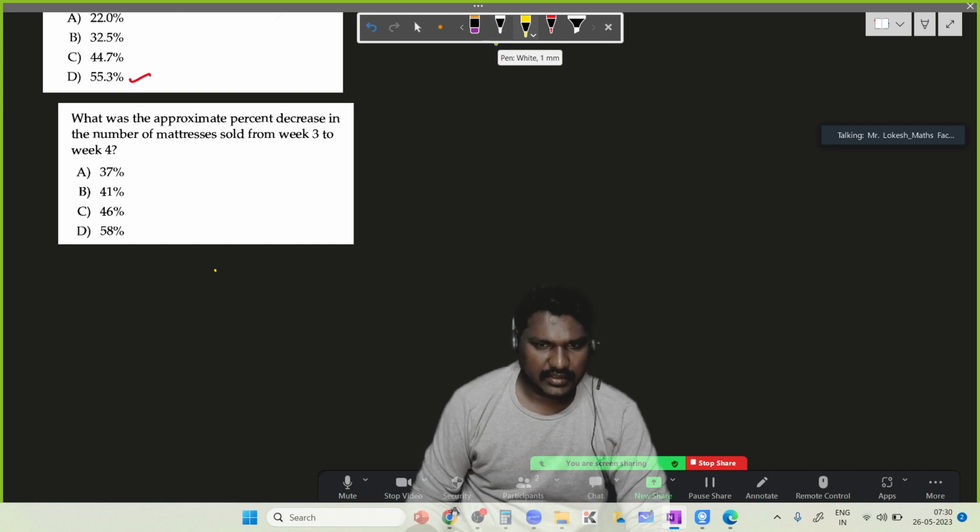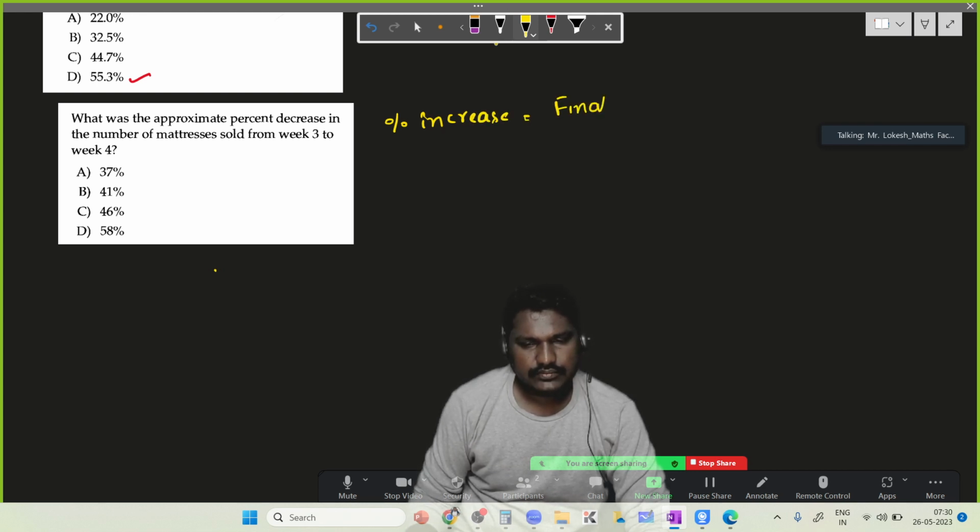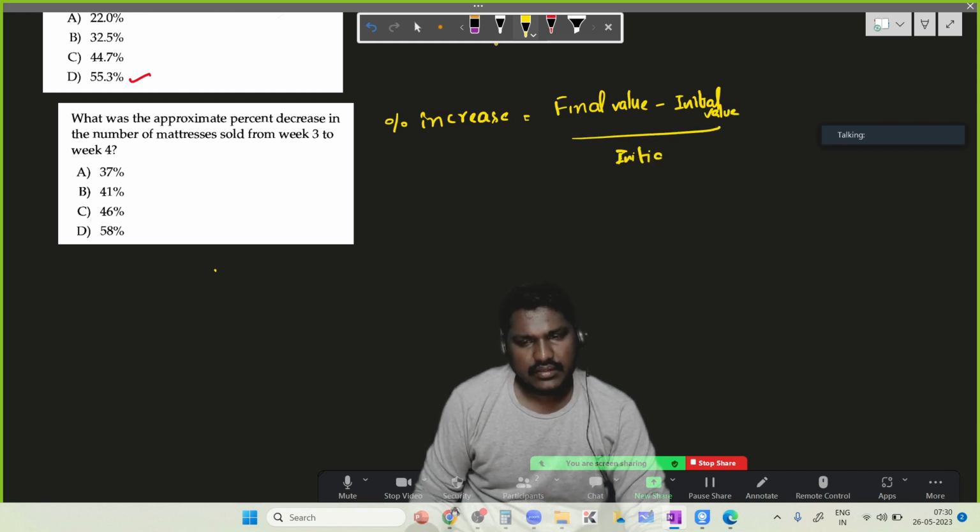Let me write it again. Percentage increase means the final value minus initial value, and we always compare with the initial value, times 100.